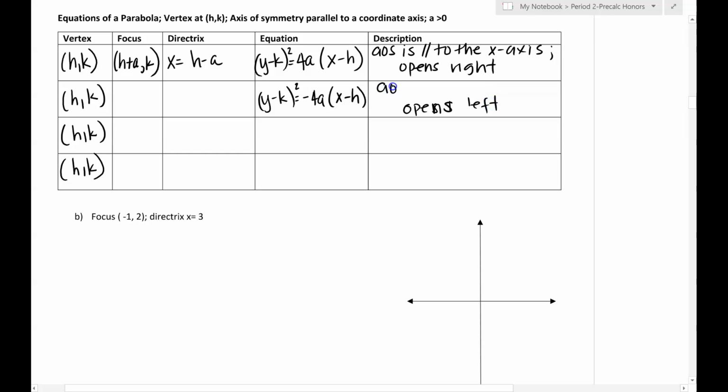And the axis of symmetry, it's still going to be parallel to the x-axis. Now, we are going to have the focus at h minus a, k, and the directrix will be x equals h plus a.